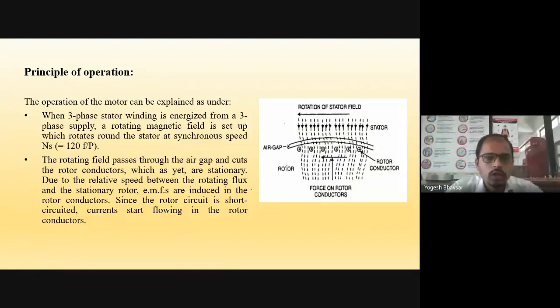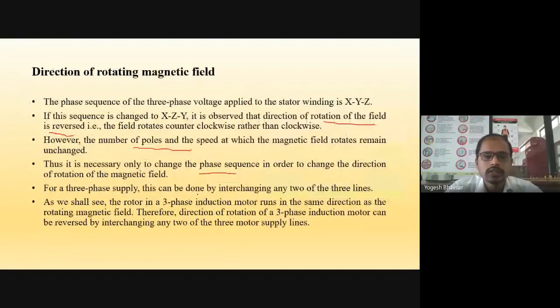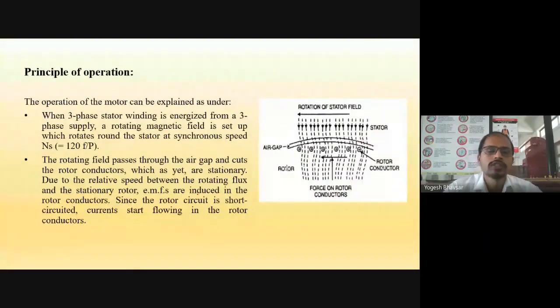Okay, now let us see. In construction, we have seen the cross section of the motor. So in that case, there is a stator and rotor. The stator has a three-phase winding, either star connected or delta connected, and the rotor has a number of conductors.